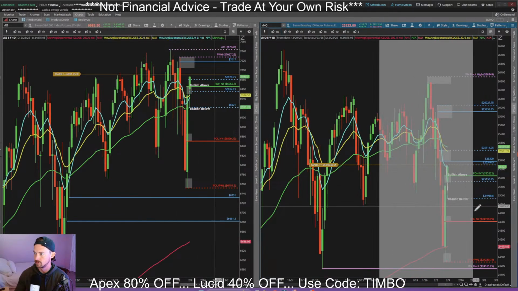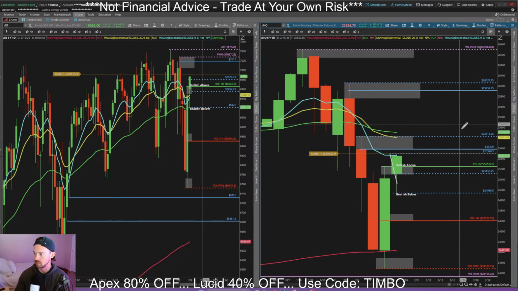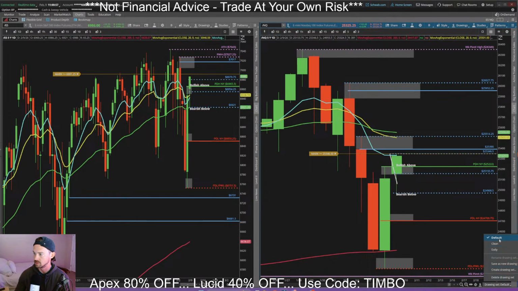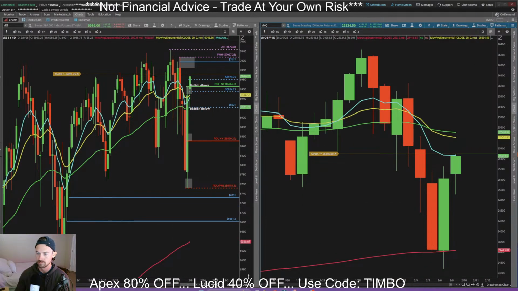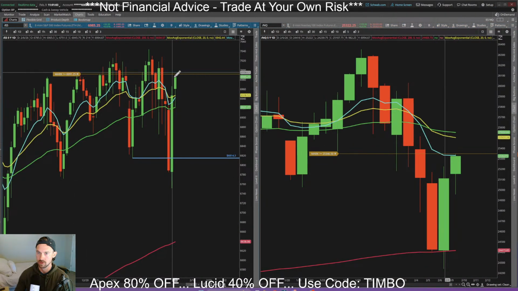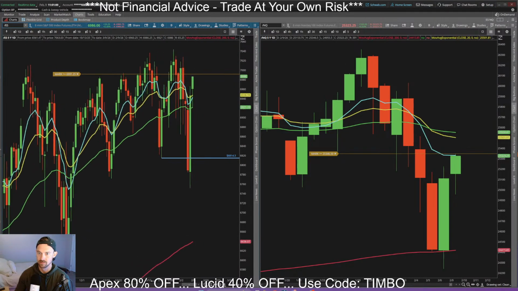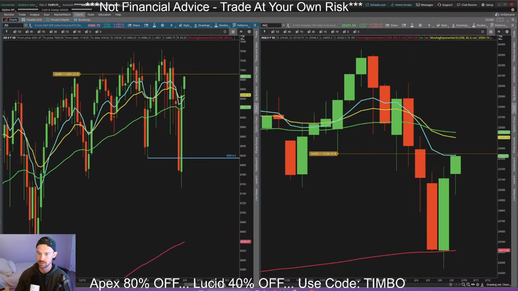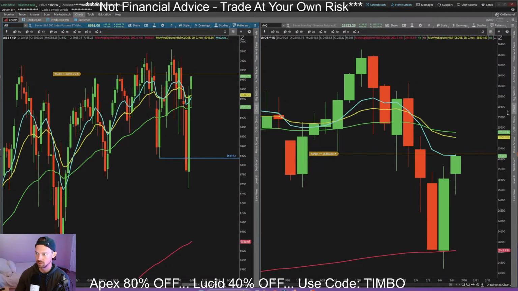But if you look at this daily chart right now, let me just take all this off. I mean, ES looks like it's gonna be pushing back up to all-time highs again here soon. Maybe last week was just a little shakeout before the push up.